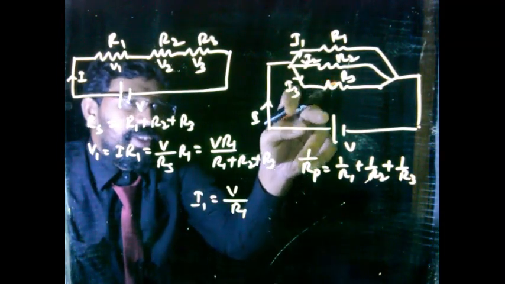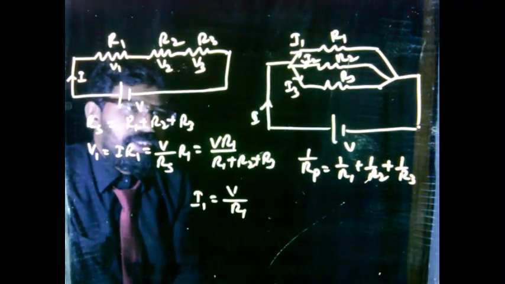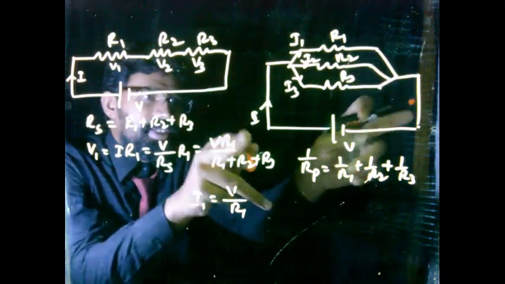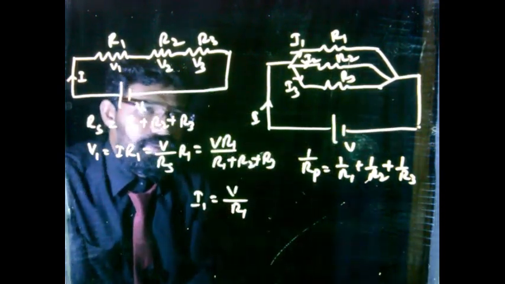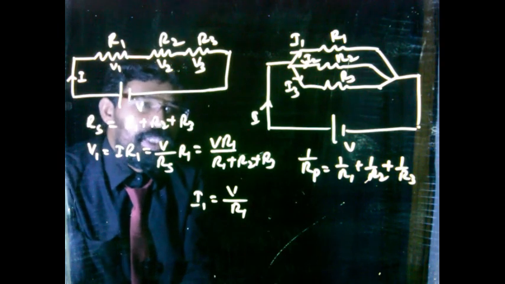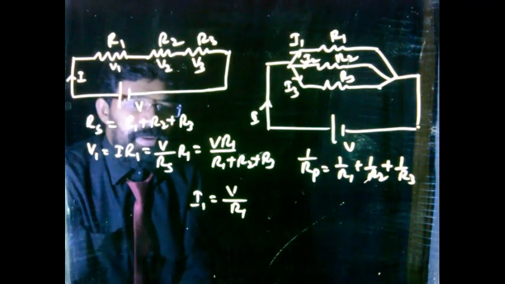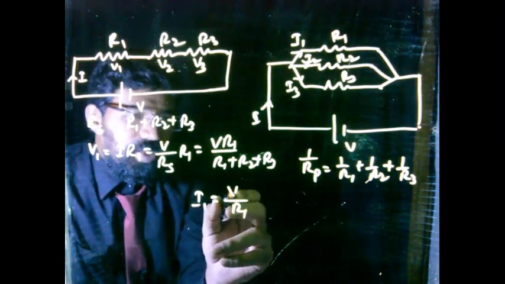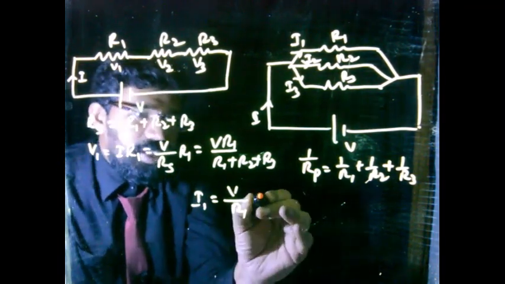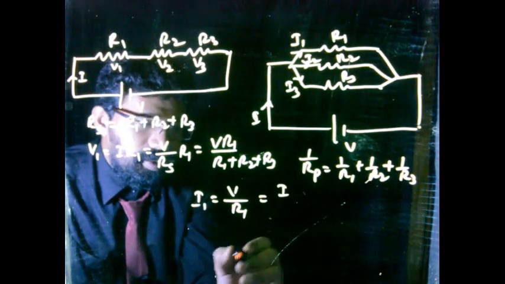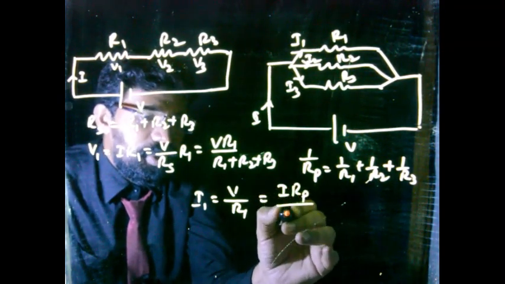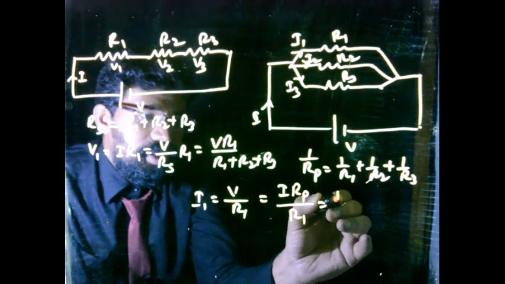Whatever resistances there are, we say they are in parallel combination if their two ends are connected to a common potential, that is, if they are maintained at the same potential difference. Here V can be written as the total current I into the total resistance offered by the circuit, Rp, so I1 is I Rp by R1.